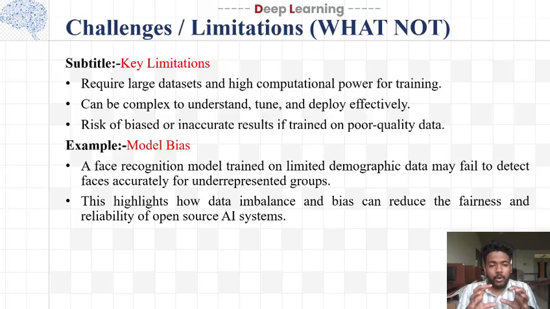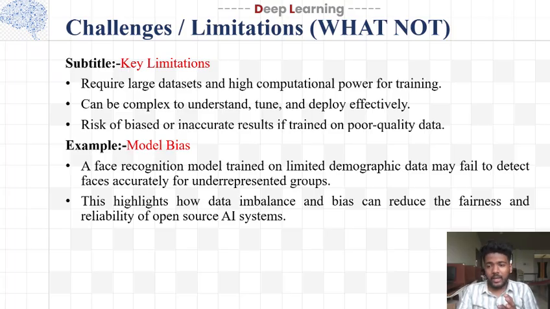There is also the risk of biased, inaccurate results if trained on poor quality data. The best example is model bias: a face recognition model trained on limited demographic data may fail to detect faces accurately for underrepresented groups. AI systems deployed as open source can also reduce fairness and reliability.